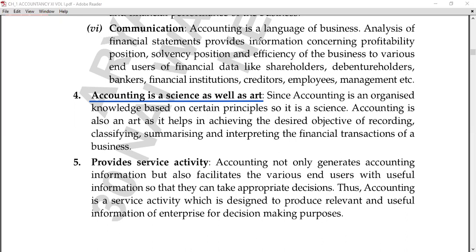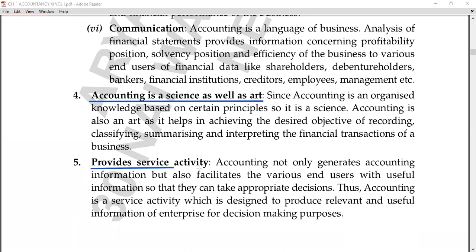तो अकाउंटिंग में भी अकाउंटिंग स्टैंडर्ड्स भी हैं, अकाउंटिंग कॉन्सेप्ट्स भी हैं, अकाउंटिंग प्रिंसिपल्स भी हैं, और ये सारे प्रिंसिपल्स, कॉन्सेप्ट्स एंड स्टैंडर्ड्स आर यूनिवर्सली एक्सेप्टेबल. तो इन्हें फॉलो करके जब हम अकाउंटिंग करते हैं तो अकाउंटिंग सिर्फ एक आर्ट नहीं रह जाता है, बल्कि अकाउंटिंग एक साइंस भी हो जाता है. फिर आता है प्रोवाइड्स सर्विस एक्टिविटी. अकाउंटिंग प्रोवाइड्स अ सर्विस एक्टिविटी. हाउ इट प्रोवाइड्स अ सर्विस एक्टिविटी?